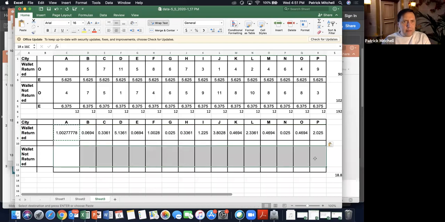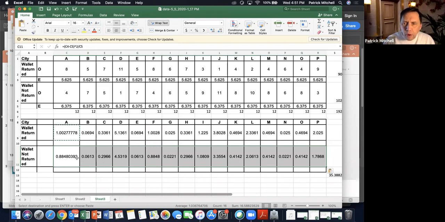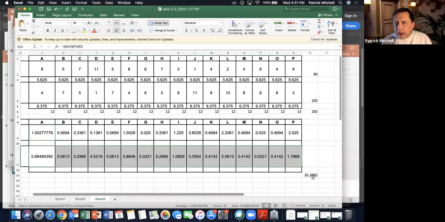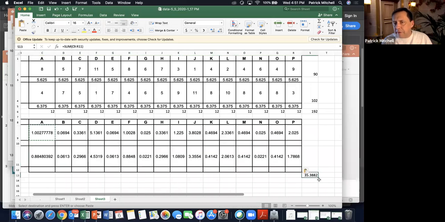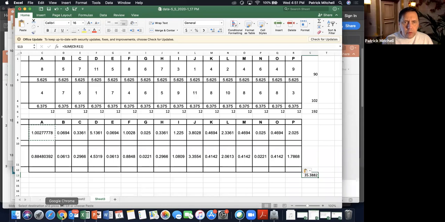I don't know why it made column C bigger to accommodate all these extra decimal places, and it didn't do that in the other columns. Anyway, doesn't matter. And then notice I already had my grand total sum formula programmed down here. So there's the 35.388.